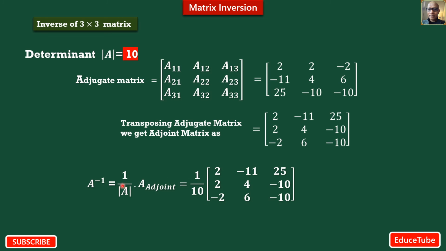So how will we find A inverse for a 3 by 3 matrix? The formula is 1 by the determinant value of the matrix multiplied by A adjoint. So it will be 1 by 10, as we know the determinant is 10, and A adjoint is this matrix.